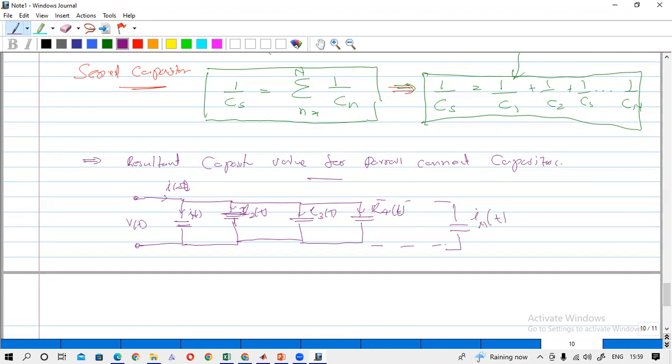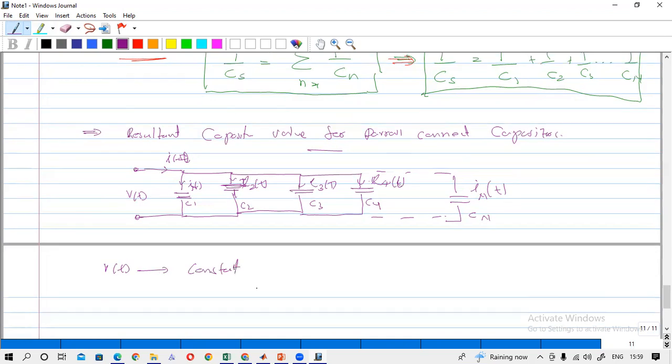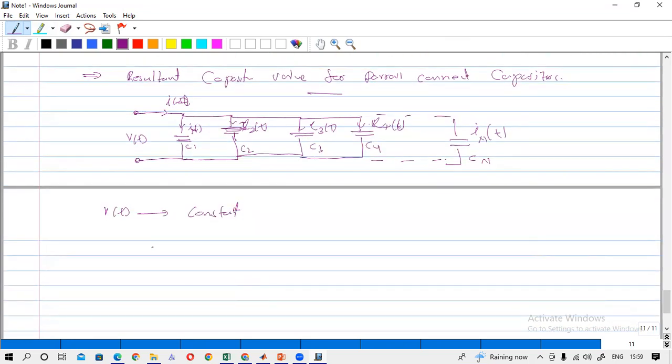And this is C1, C2, C3, C4, Cn. So you can see that the voltage is constant, and the total I is equal to I1T plus I2T plus I3T up to INT.